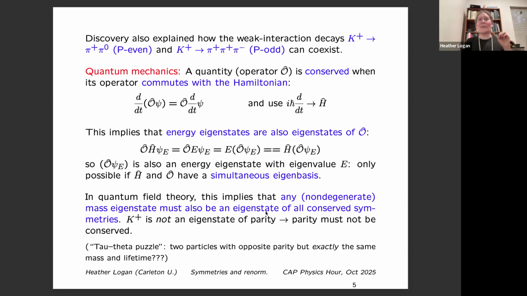K plus is a mass eigenstate, but it's not an eigenstate of parity. And therefore parity must not be conserved, because if parity were conserved, you'd be able to write K plus as an eigenstate of parity as well, okay?